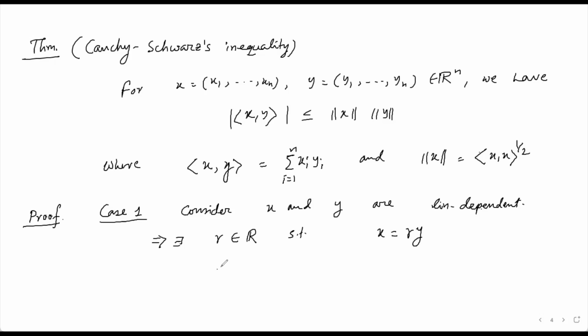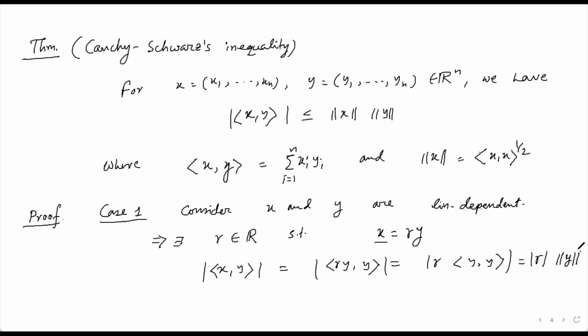In this case, the absolute value of the inner product of x comma y equals the absolute value of the inner product of r y comma y, which is equal to the absolute value of r times norm y squared.